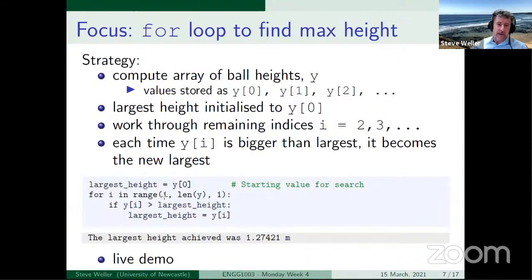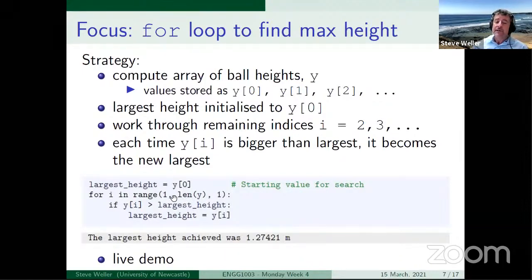So we start at index 1 and we go up to index 1,000. We've actually got 1,001 values to consider, but because we initialize the largest height to be Y0, we don't need to include the index 0 in this set of array indices.